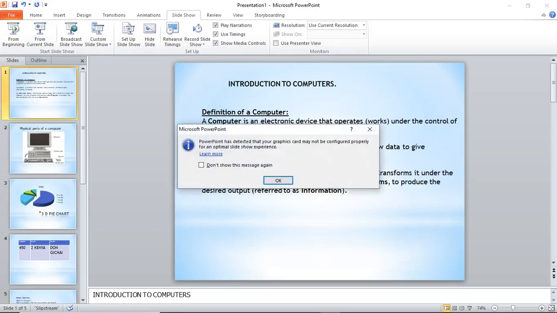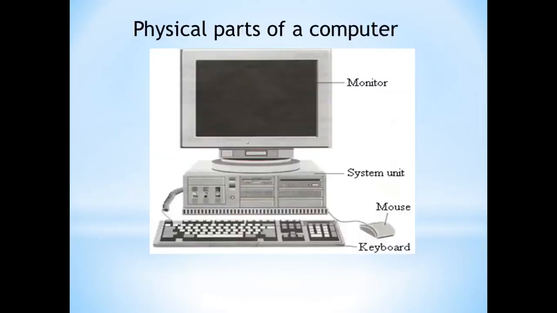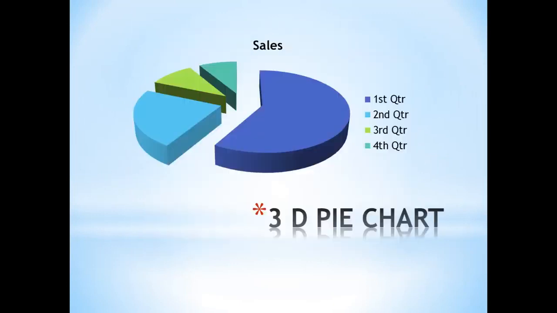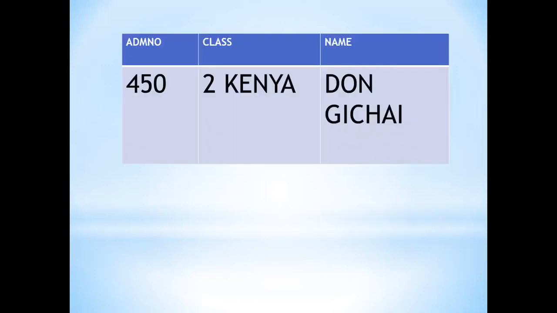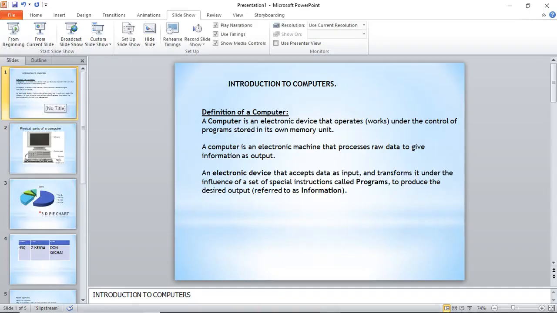Once you press F5, you'll be in a position to see your slideshow. Now you are only required to go to next, pressing either the right arrow key or just clicking on the normal mouse button, until the end of the show.